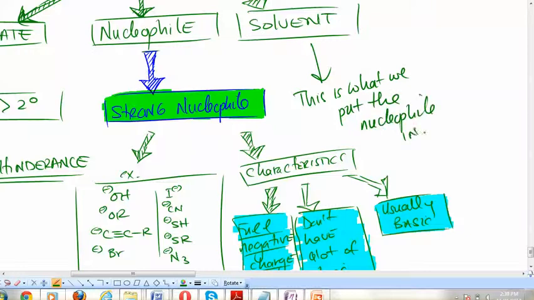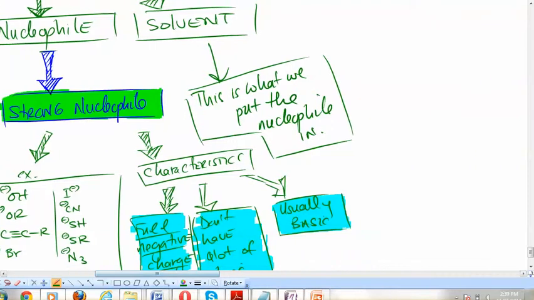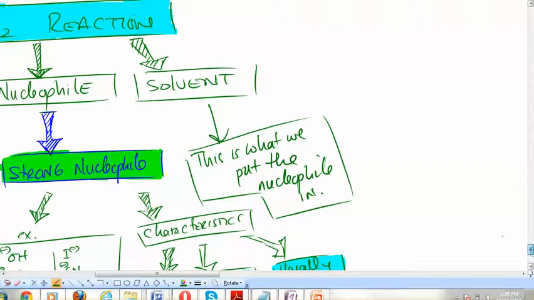The nucleophile is bathed in a solvent. The kind of solvent that we want for an SN2 reaction is a polar aprotic solvent.